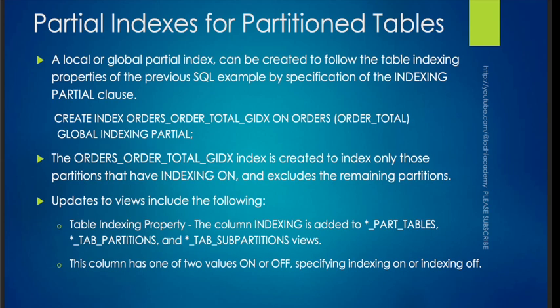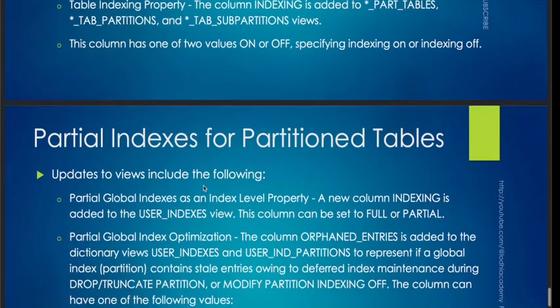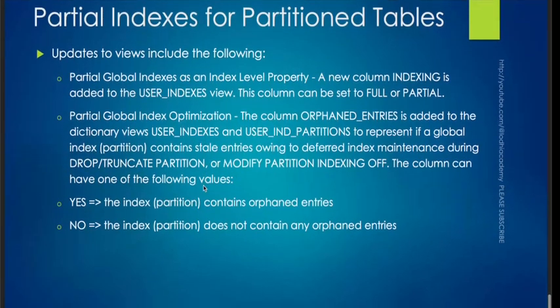This column has one of two values, on or off, specifying indexing on or indexing off. Partial global indexes as an index level property: a new column indexing is added to the user_indexes view. This column can be set to full or partial.